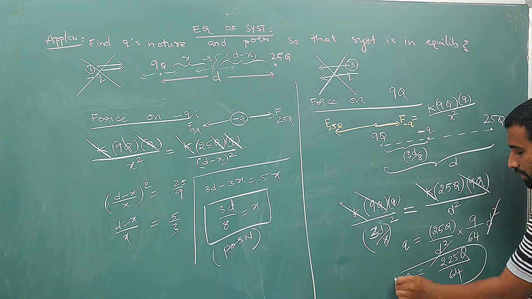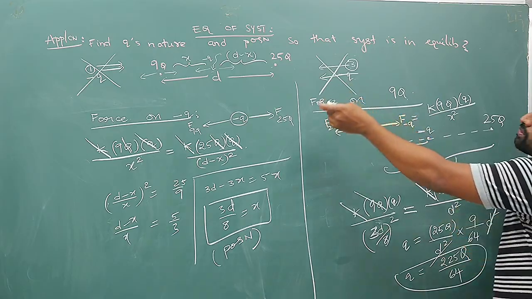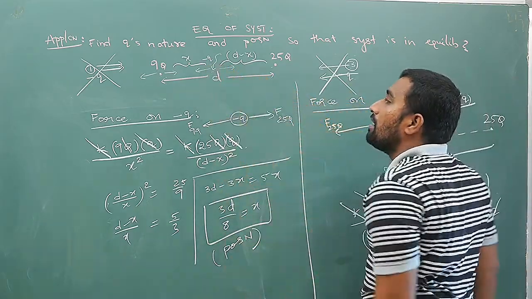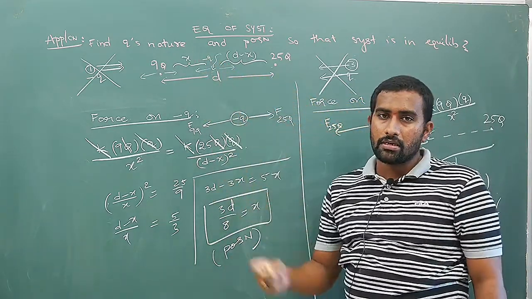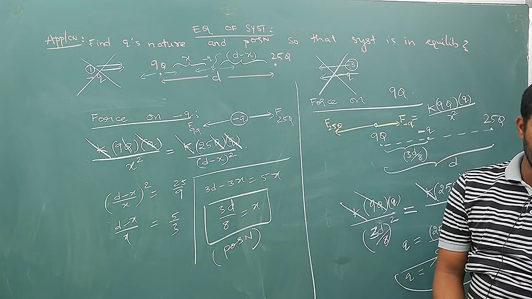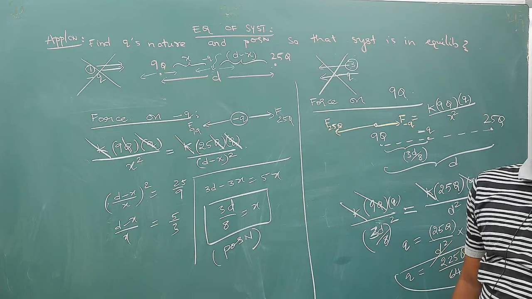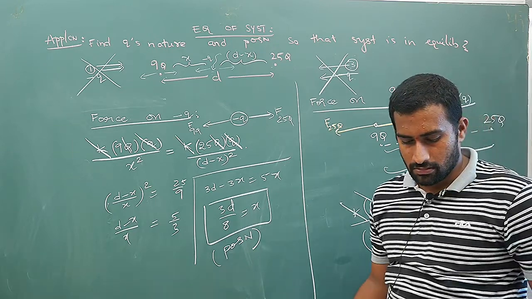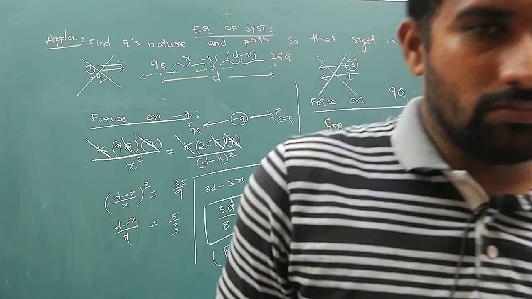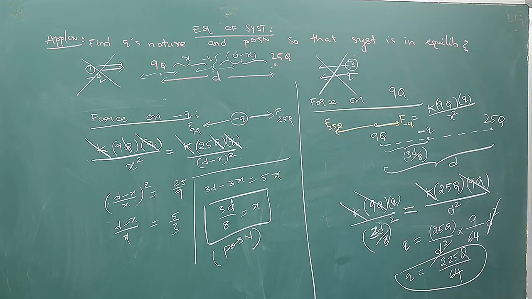So you have to place minus 225 by 64 q at a distance of 3d by 8, so that you will get the net force as 0 on any of the charges that you take in the system. So that is what you are supposed to understand from this.